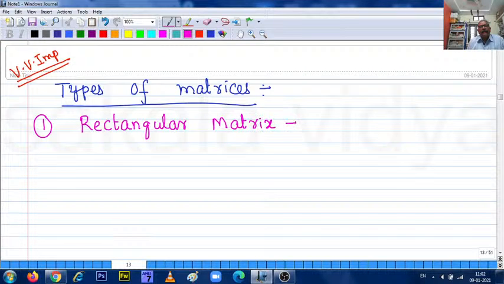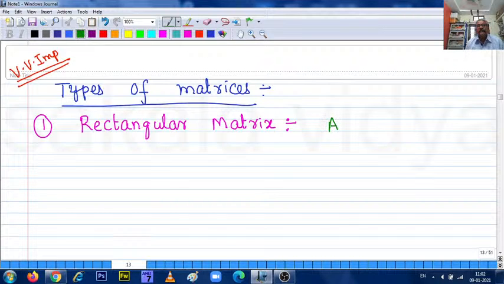Rectangular matrix. So what do you mean by rectangular matrix? Rectangular matrix means if the number of rows and the number of columns are not equal, then it is said to be a rectangular matrix.